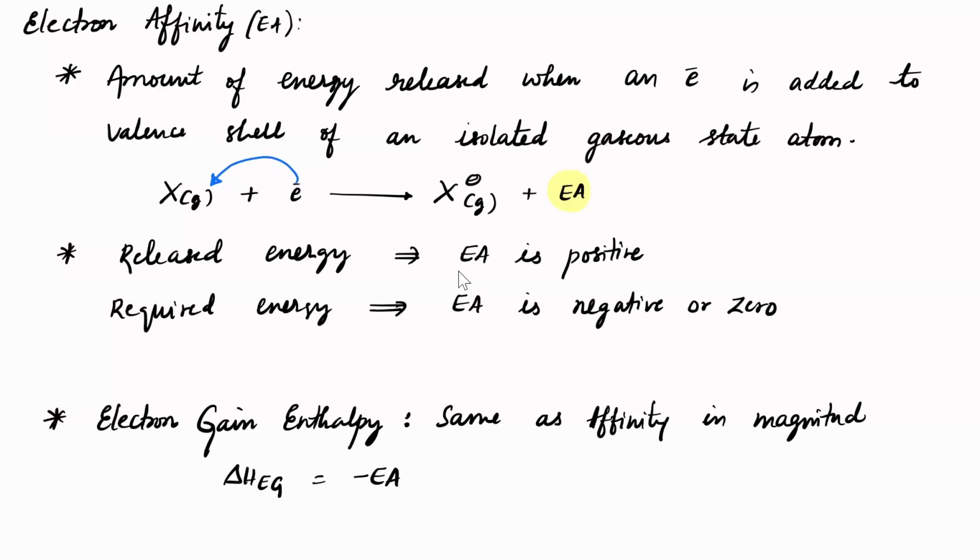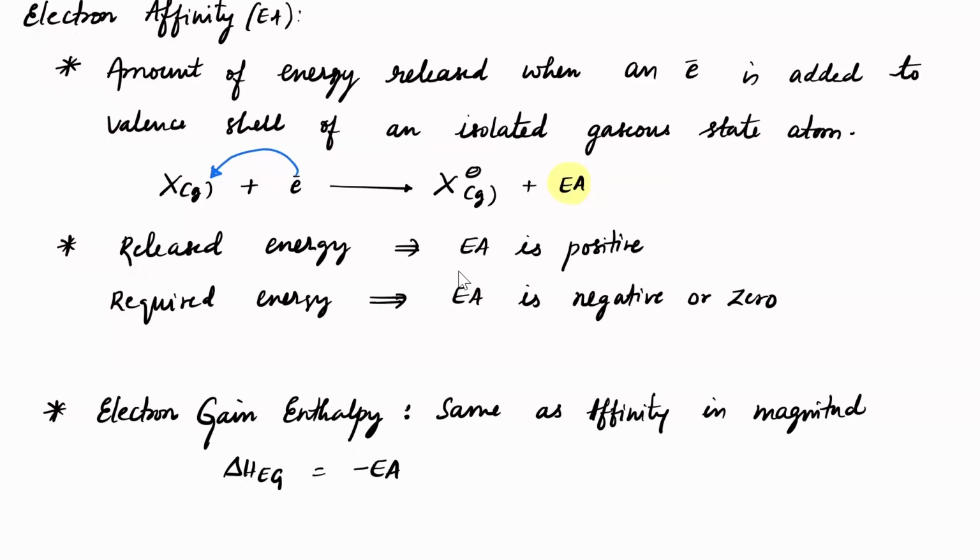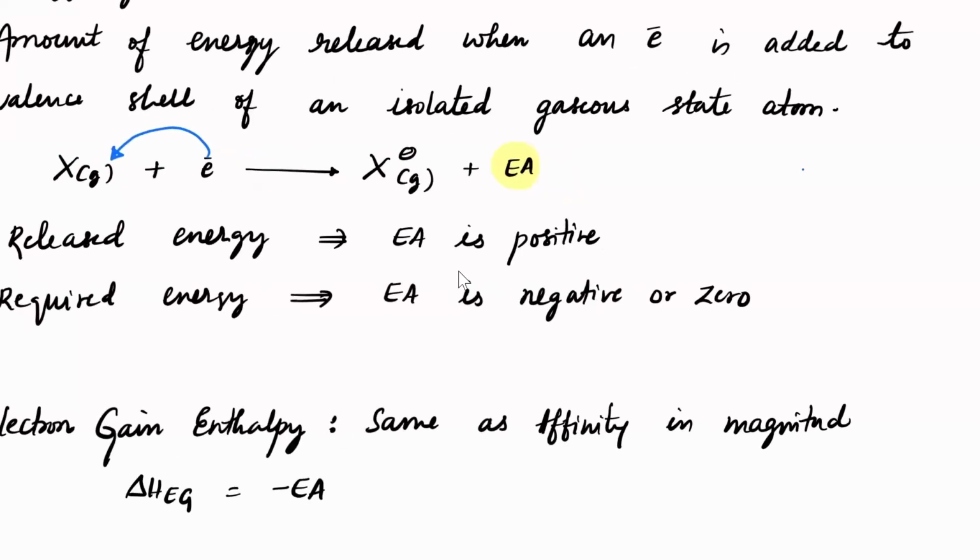In electron affinity, we are expecting that energy should be released, so as per convention it should be exothermic, and exothermic in thermodynamics is always taken as a negative sign. Endothermic, which requires energy, has delta H expected to be positive. That is the same convention we are using here.